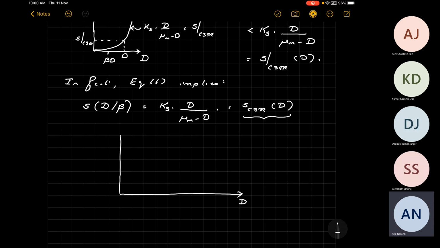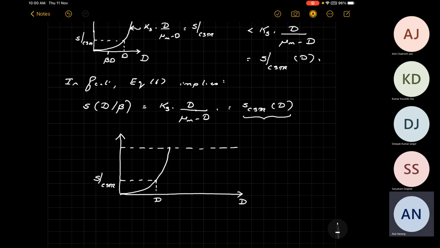if this is D, and let's say my substrate concentration in the CSTR goes like this, and then you reach washout. At any particular value of D, this is the concentration in a CSTR.